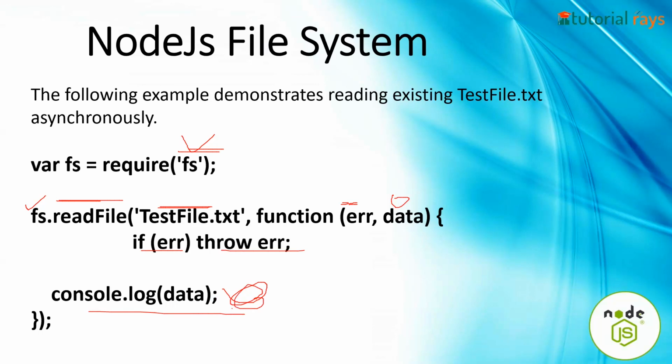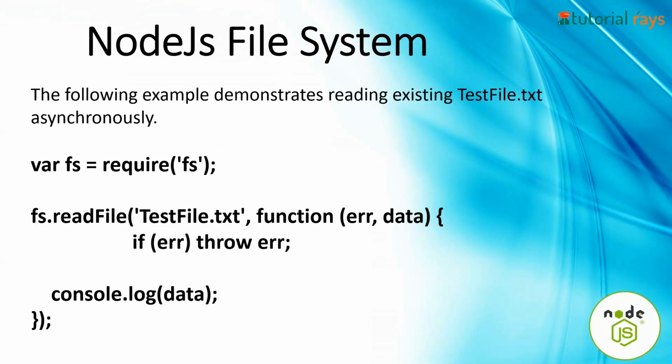That means we will create a file here, testfile.txt, and whatever data is in it will be stored here and finally displayed. If there is any error, it will show the error here.